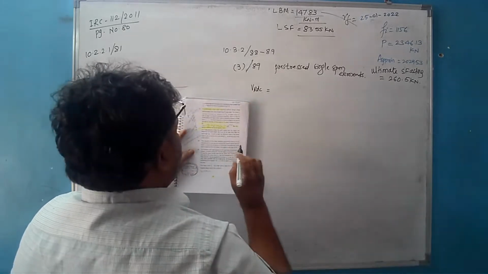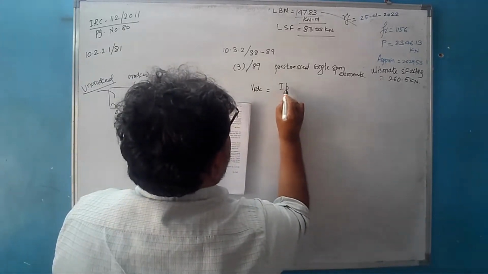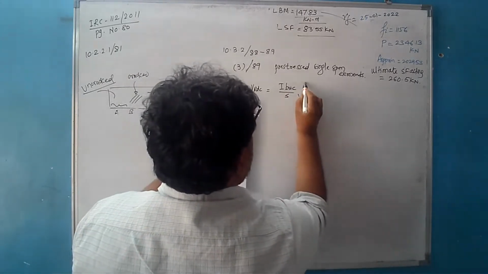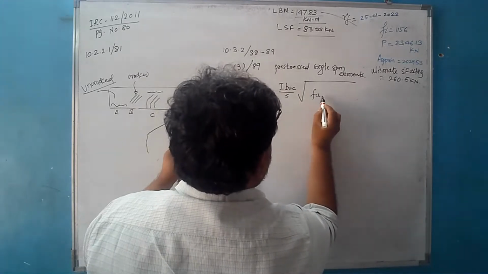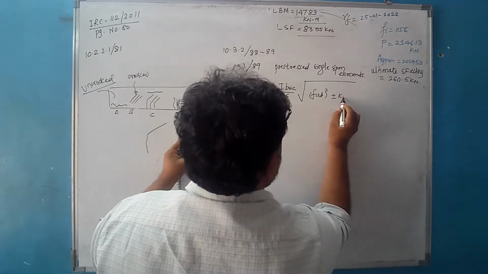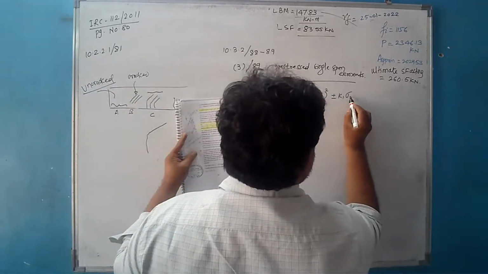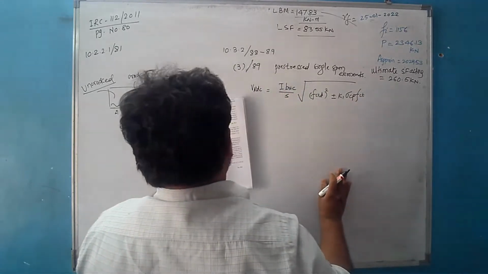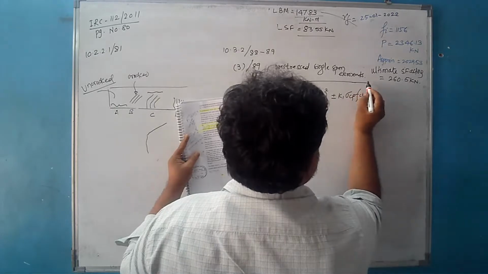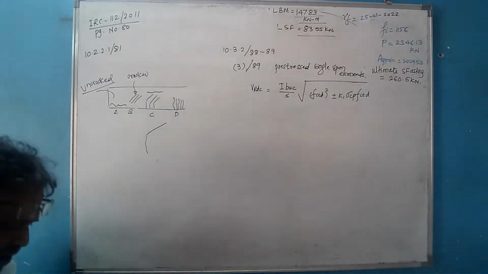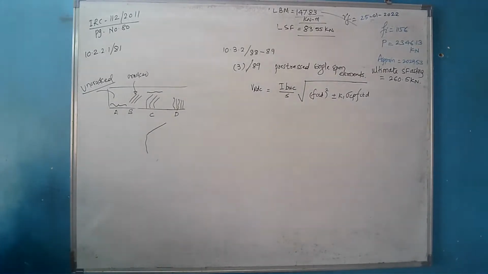VRd,c is given by I bw divided by S under root of fctd square plus or minus K1 sigma cp fctd. This is the equation given. In pre-stressed single span members, we are talking about the flexural members.